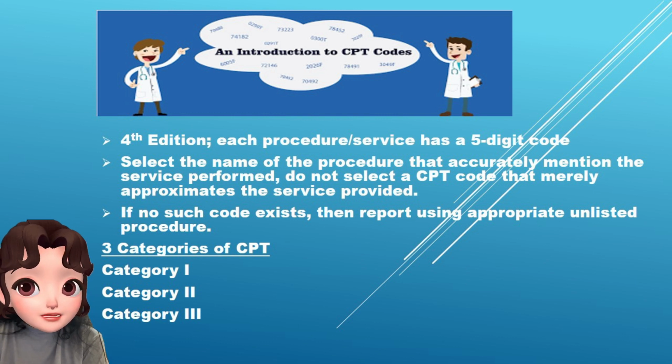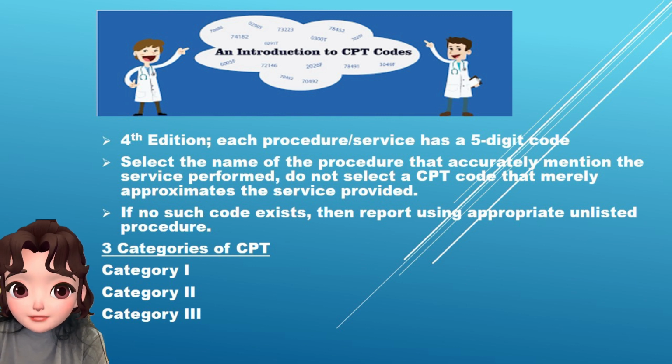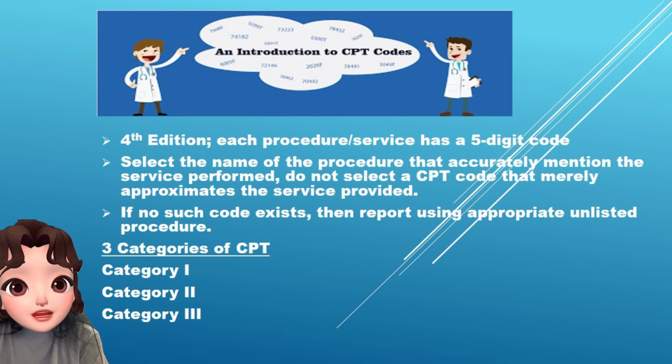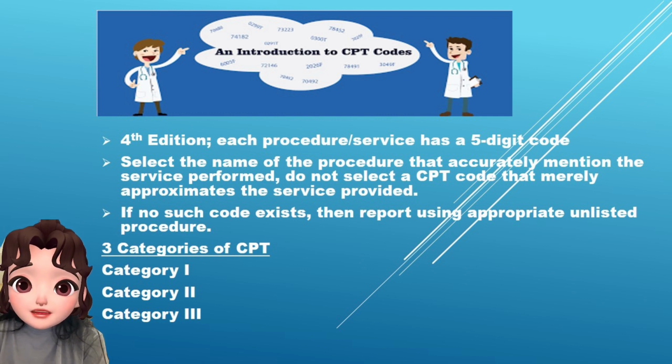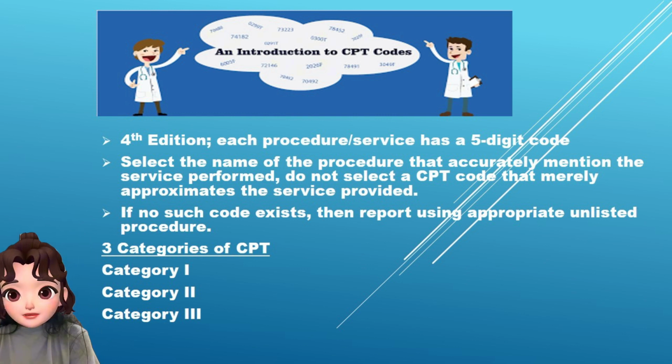We should not select a CPT code that merely approximates the service. The service performed that we are mentioning should be accurate. If no such accurate code exists, then we can report the service using an unlisted procedure code.